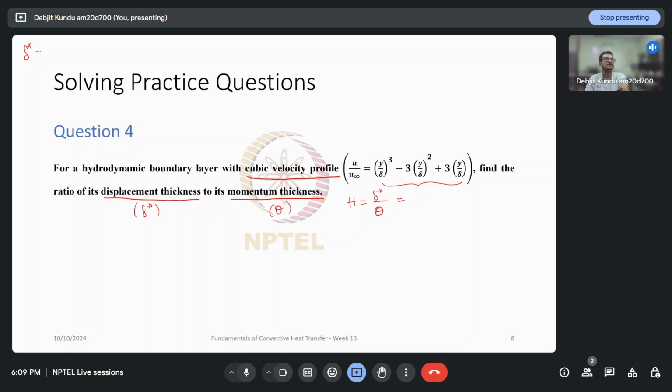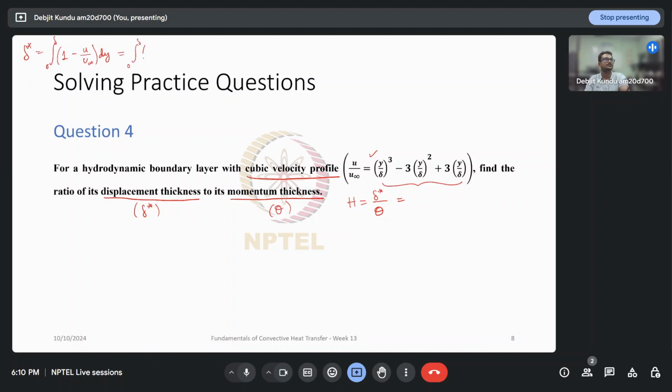So delta star is the integration from 0 to delta of 1 minus u over u infinity dy. Now we will simply replace u by u infinity with the form that we have.